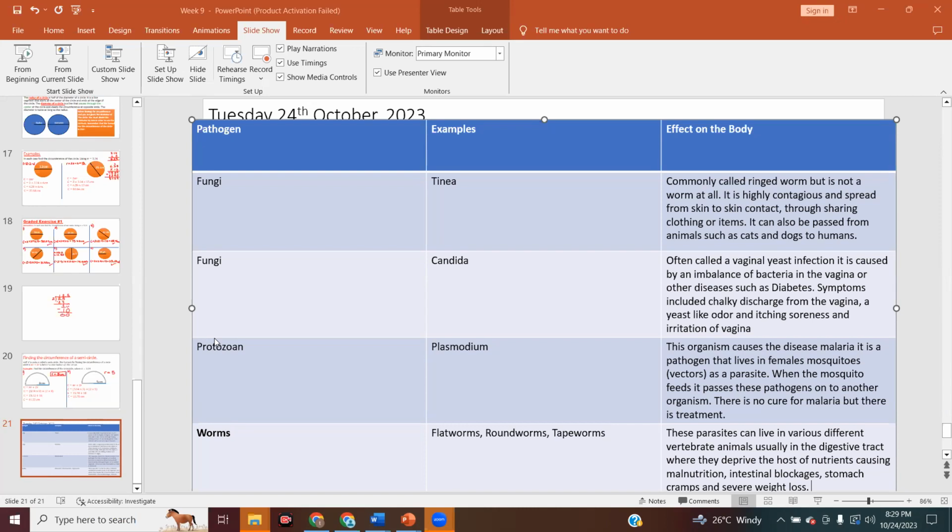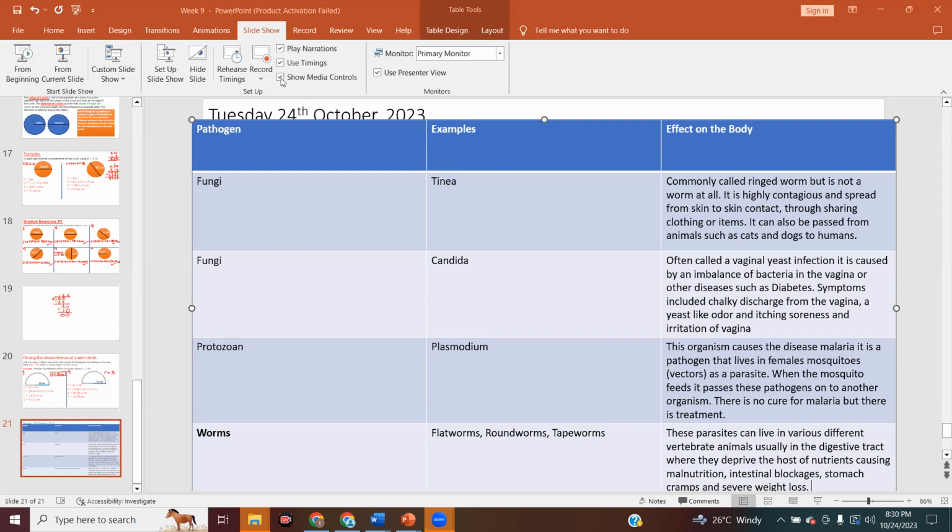Tell me, can cats and dogs pass ringworm to humans? Yes, sir. Good. And Malia Rowe. Malia, are you there? Oh, I can't hear you, Malia. It's okay.